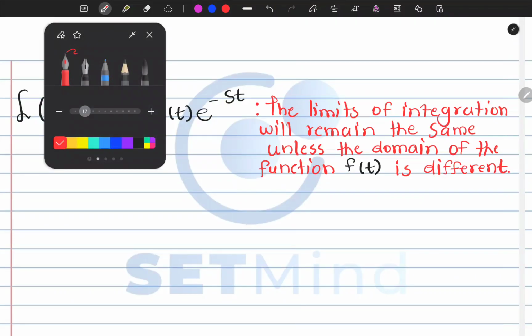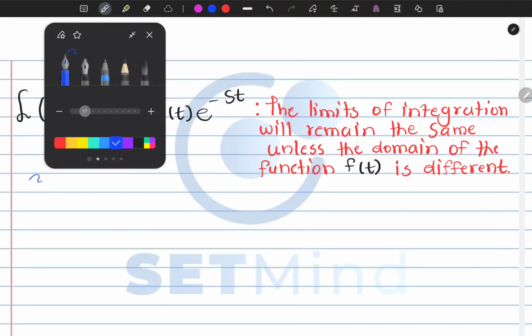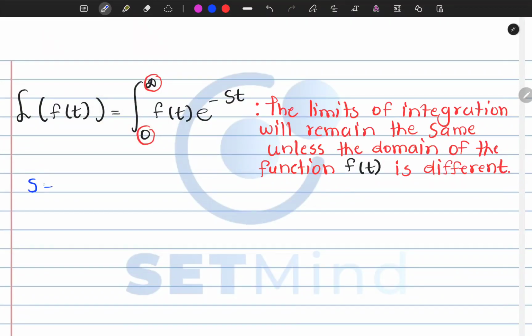Okay. With that said, another important aspect we need to look at is the s. This s is always equal to alpha plus j w. Others would prefer to call this beta. It doesn't make much of a difference.